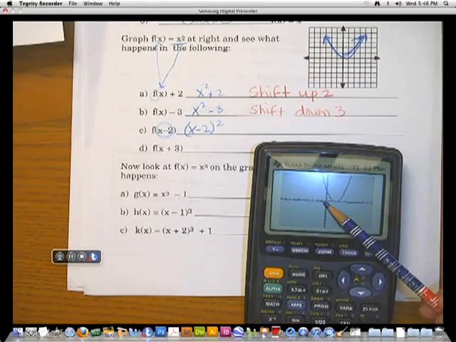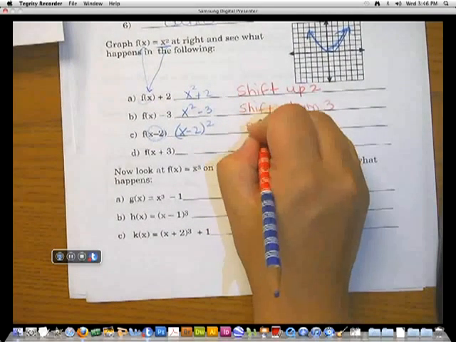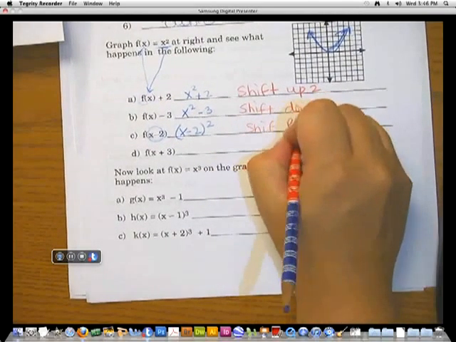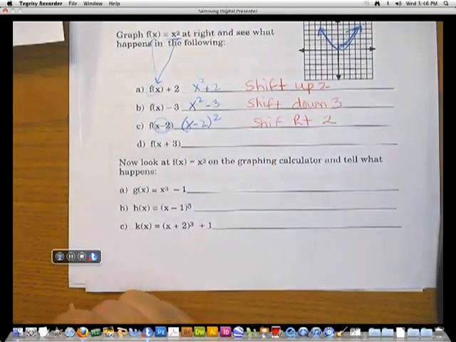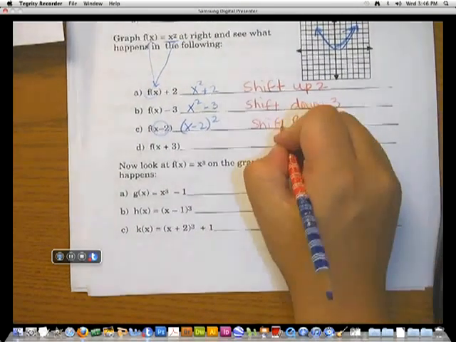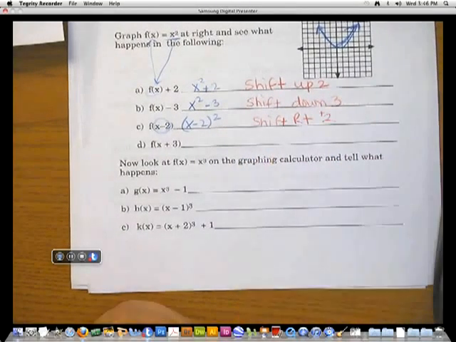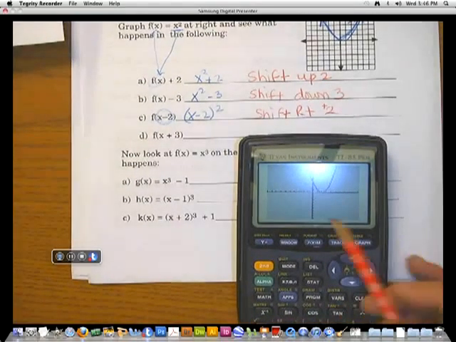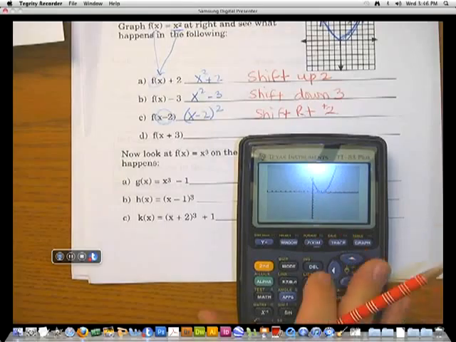Notice that it moved it off of the origin to the right. So this is going to be shift to the right 2 units. And right is positive, if you want to think of it that way, positive 2 units. Again, there's the picture. Took it from the origin and took it to the right 2 units.